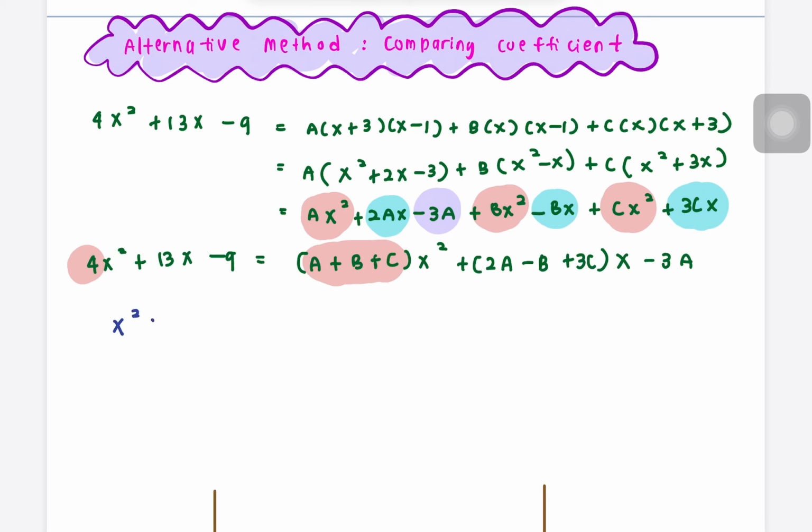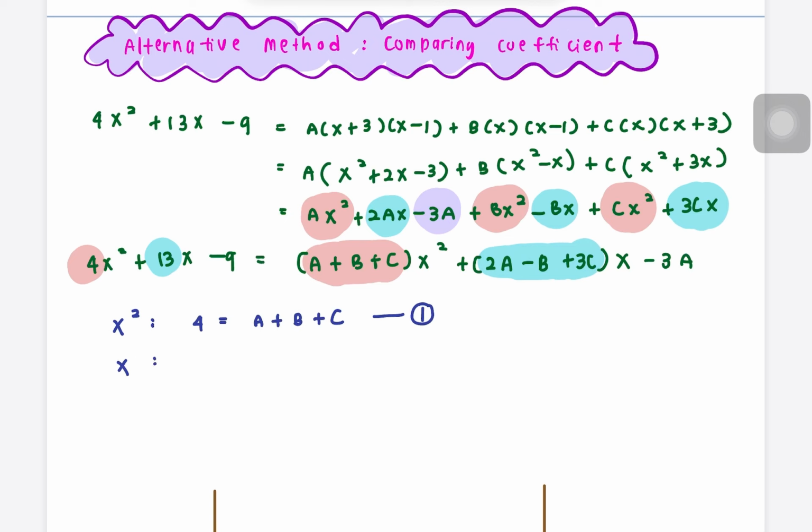And the last one will be comparing the constant coefficient. So this is your constant coefficient. Negative 9 is equal to, constant is x power of 0, negative 9 is equal to negative 3a. Let this be your third equation.